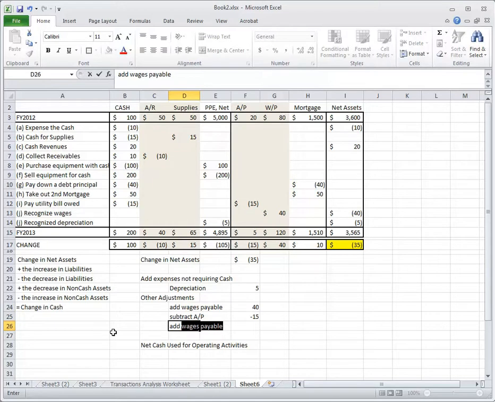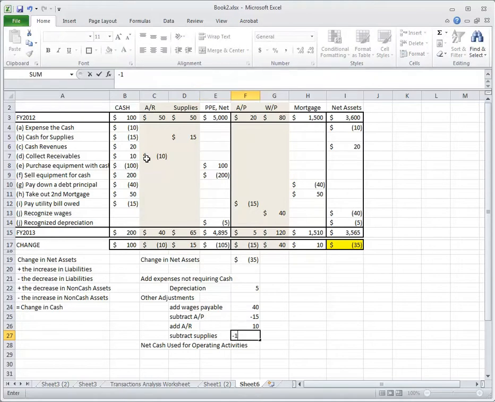So we're going to add in our accounts receivable value of $10, and then we're going to subtract the increase in supplies. This didn't affect our net asset value, but we want to subtract it to get to the effect it had on our cash.